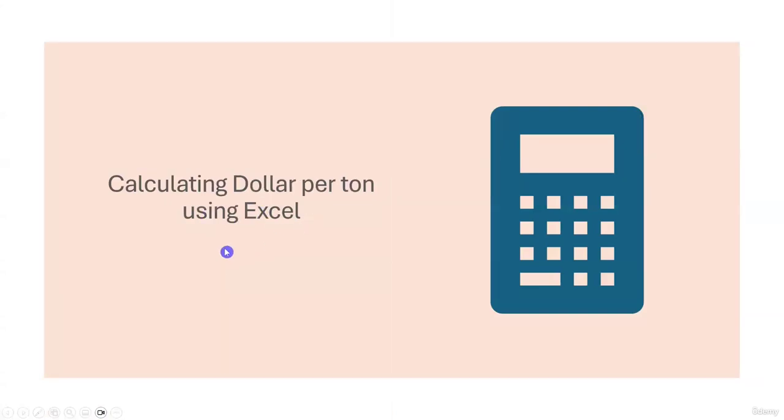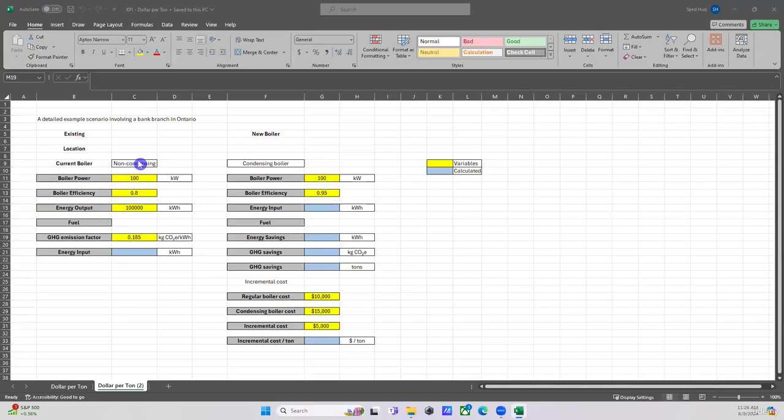Calculating dollar per ton using Excel. Okay, so let's see this example in action using Excel. The current situation is that we have a non-condensing boiler. We want to replace it with a condensing boiler, and we will save some energy.